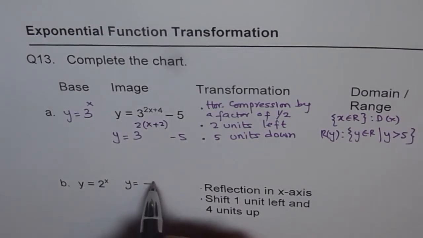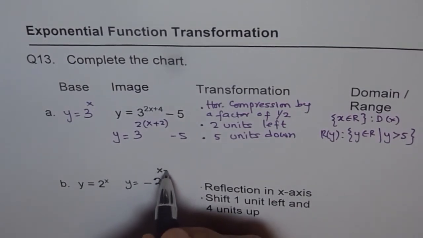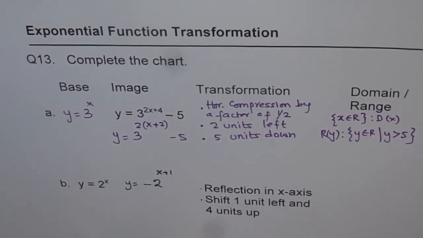So the function is minus 2 to the power of x, and that is reflection on x-axis. Shifting 1 unit left and 4 units up. So 1 unit left affects the exponent, so it will be x plus 1, that moves 1 unit left, and 4 units up means plus 4. So that is what the equation should be for this particular function, right?